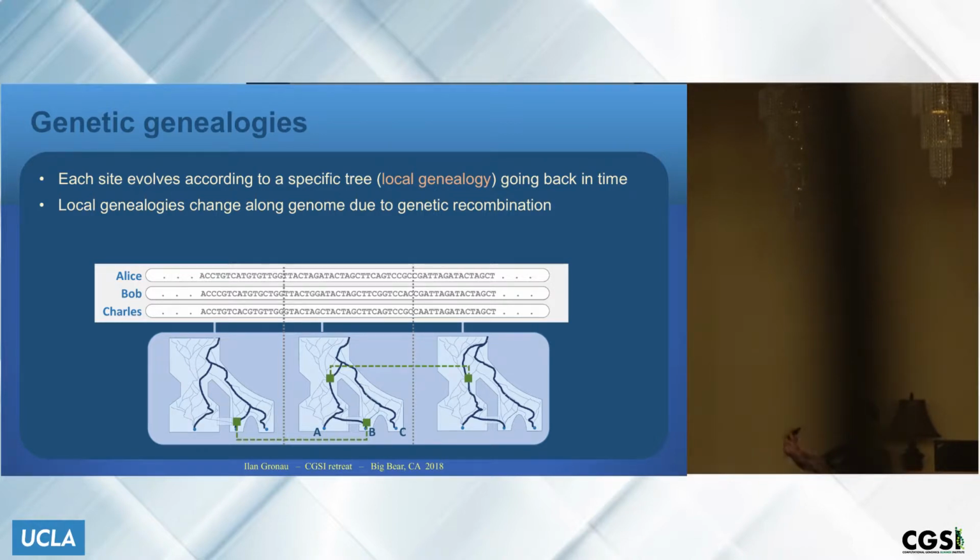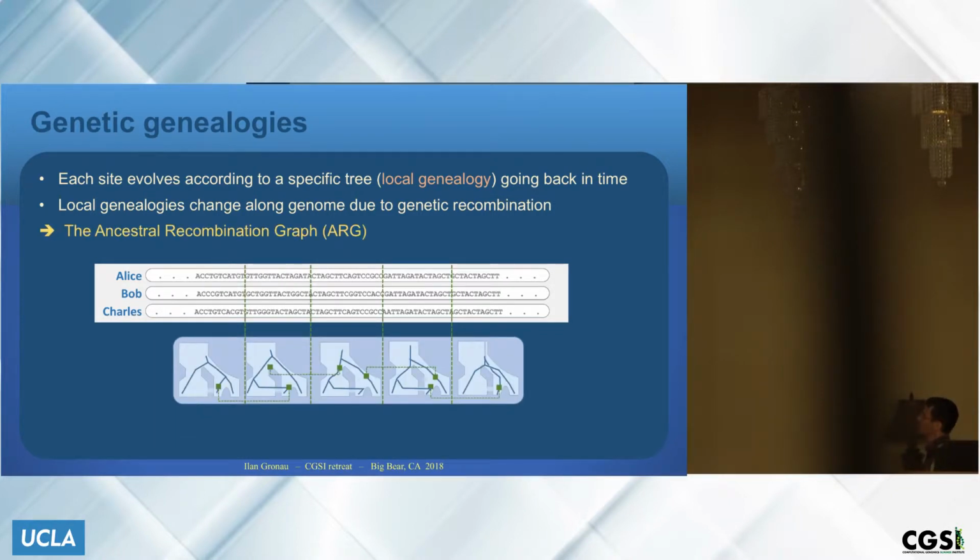So if you go along the genome, each part of the genome is going to be a realization of a subtree embedded in your genetic genealogy, and hopefully, now that we have complete genome sequence data, we can get some information on this entire genetic genealogy if we read information from all different positions.